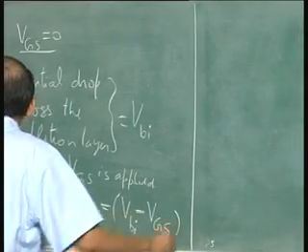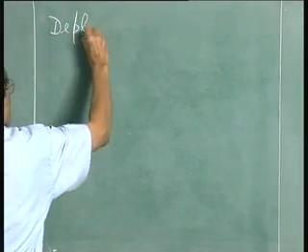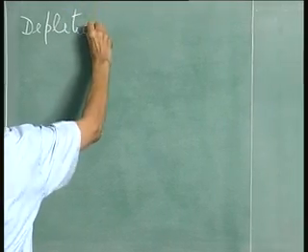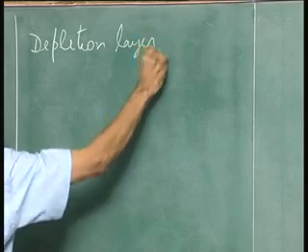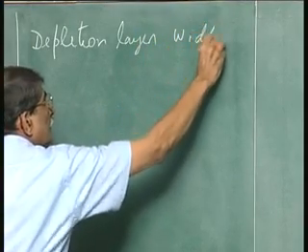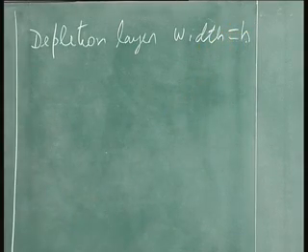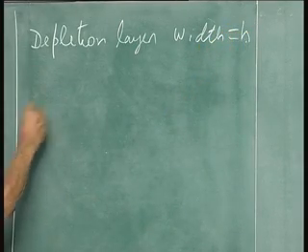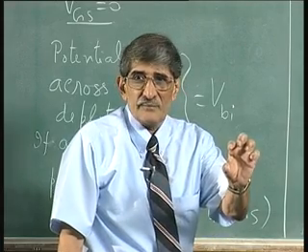Okay. I will go back to this now. Depletion layer width is H. That is related to how much is the potential across the depletion layer.